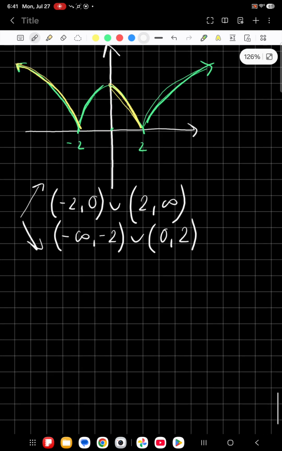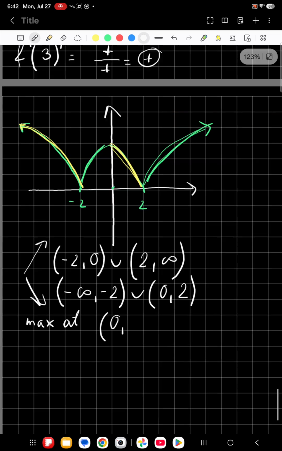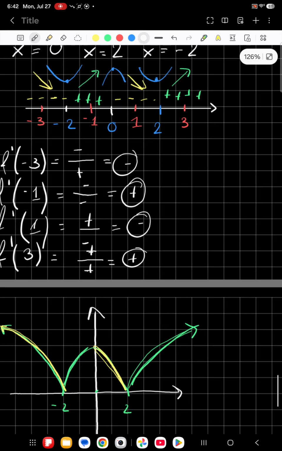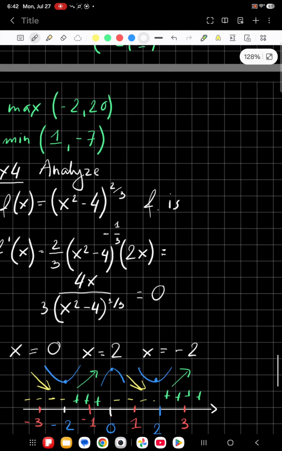And then local maximum, local minimum. So maximum at 0, and then we can figure out what that y value is. So where is the original function?